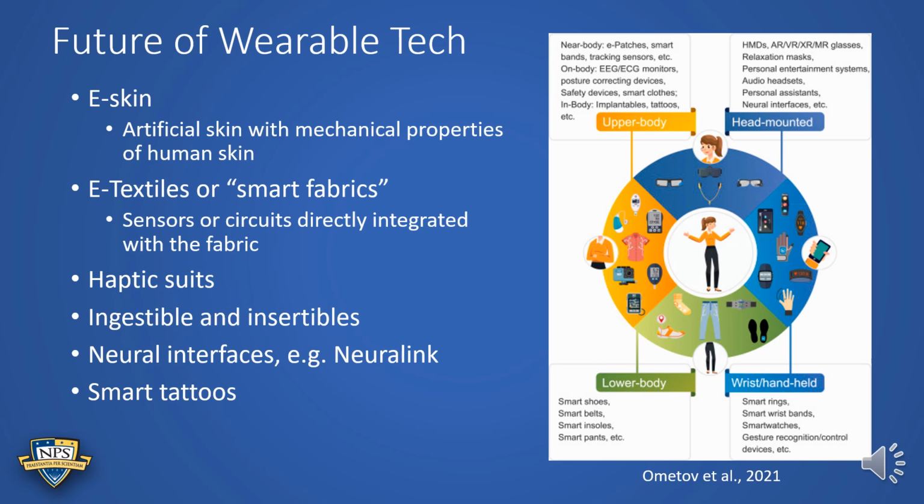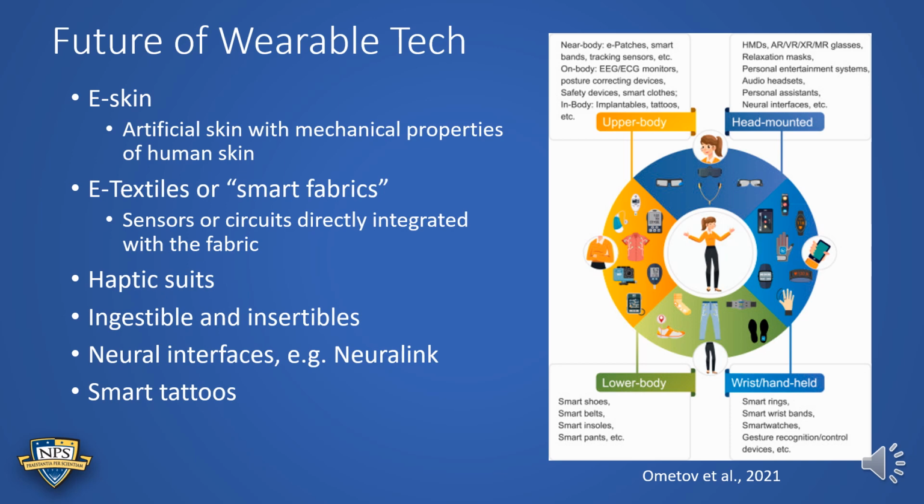For medical, ingestible or insertable devices that can be used for disease diagnostics or monitoring, for example, an ingestible capsule with a camera or continuous glucose sensing in the intestines. Neural interfaces such as the currently developing Neuralink. It's a brain-computer interface directly connecting the brain's electricity with an external device.